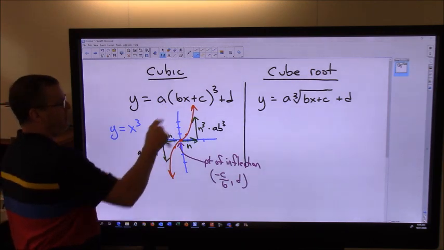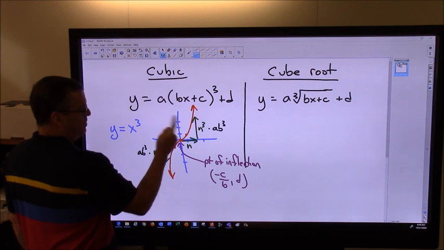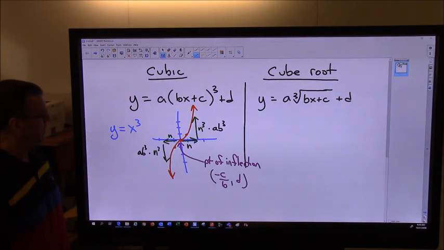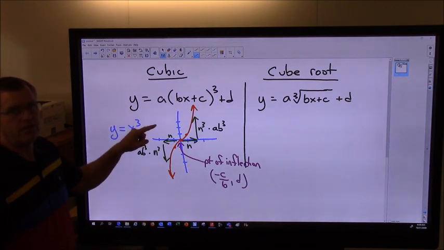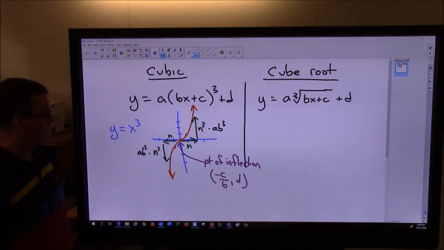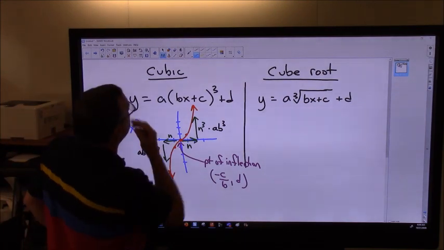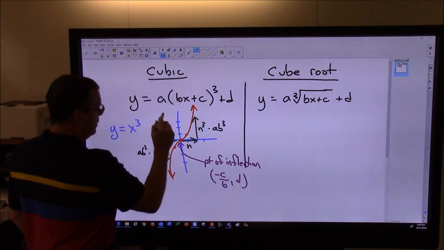If B is negative, then I flip it across the y-axis. This piece goes over here, this piece goes over here. So if A or B is negative, they both really look the same. Let me just draw something in here. If A is negative, it looks like this.